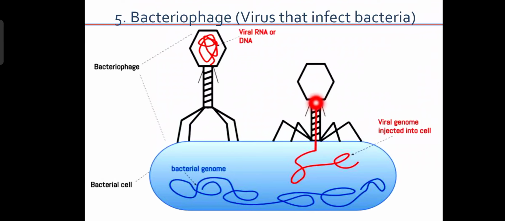Now you can see the action of this contractile sheath. The sheath is contracted, and just like a syringe, the nucleic acid is injected into the bacterial cell. After injection, this viral genome takes control of the bacterial cell, where the viral particles reproduce in abundant numbers.